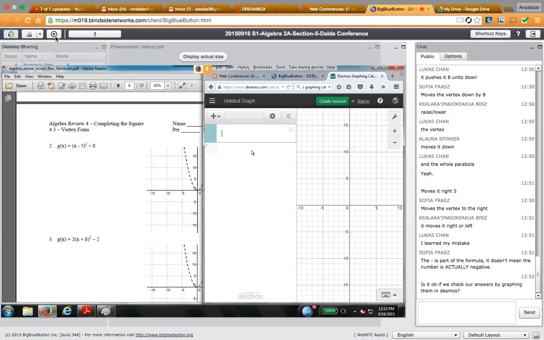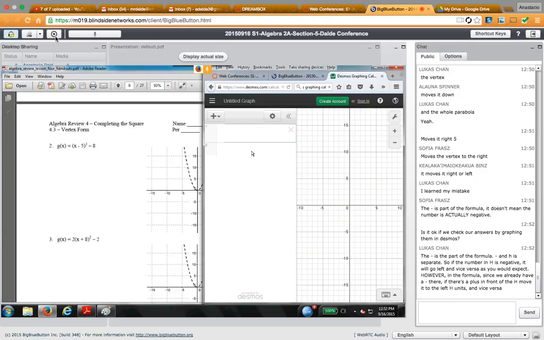So I'm going to graph x minus 5 squared minus 8. The shift key is stuck.